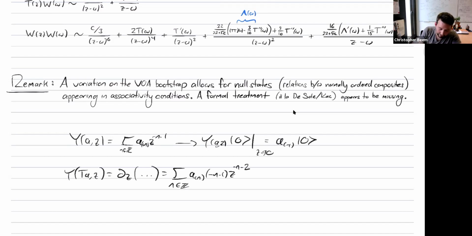So even if I haven't defined T, I can just write this thing. And then I can take z to 0, and I'm going to get a_(-2) acting on the vacuum. So as soon as I've given you the vertex operator, which tells me not only what a_(-1) is, but what a_(-2) is, this thing is going to be equal to T of a.